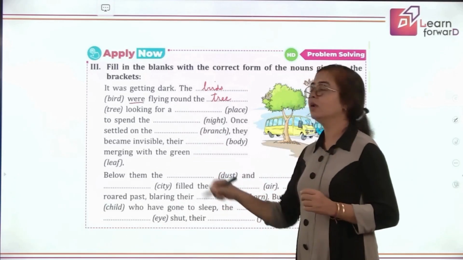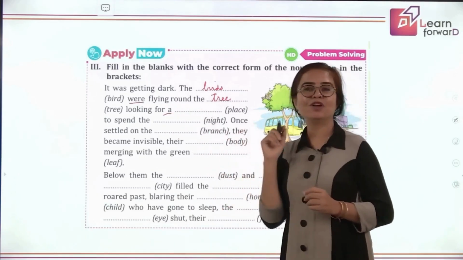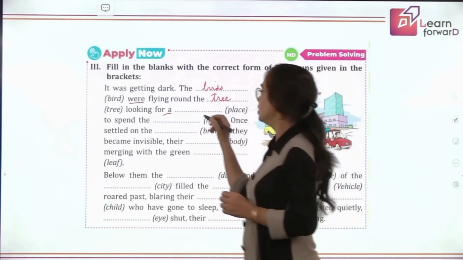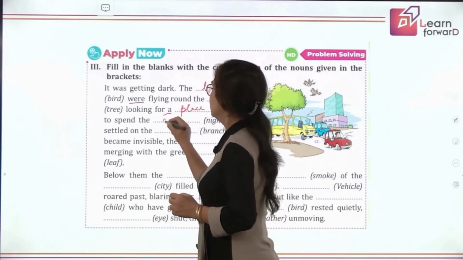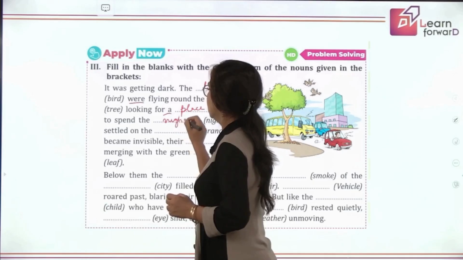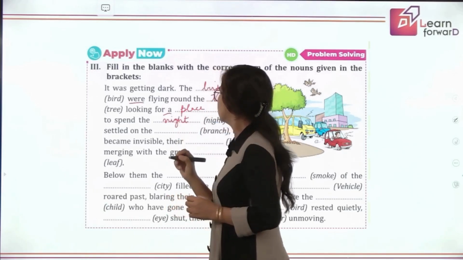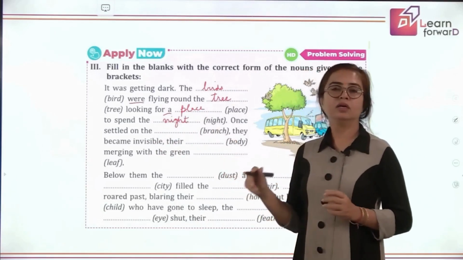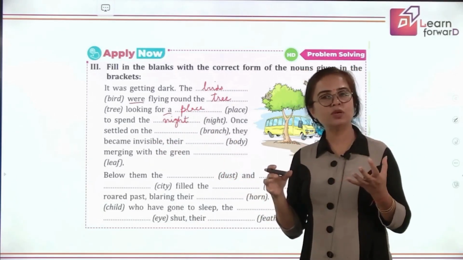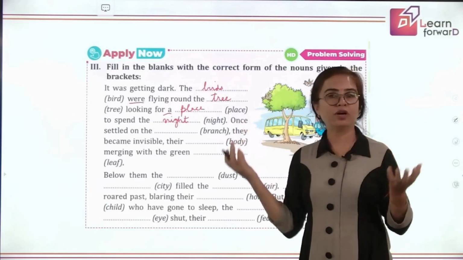Looking for is used, I told you, for singular only. So looking for a place to spend the night is one. Once settled on the, did they all settle on one branch only? No, they settled on different branches.